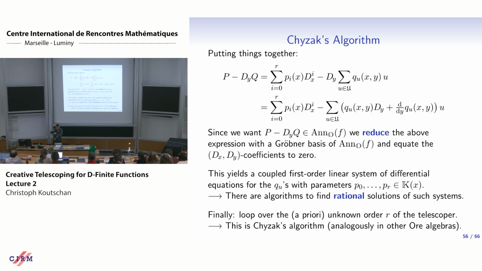We need partial differential equations again, and so we have to do this several times. The strategy that we use is very similar to the FGLM algorithm, so that it guarantees us that the members that we find will automatically be a Gröbner basis for the annihilating ideal of the integral.